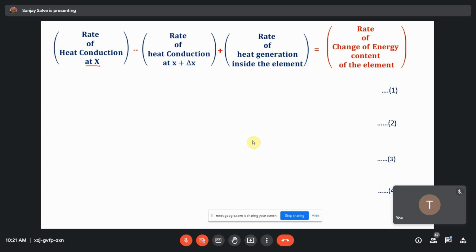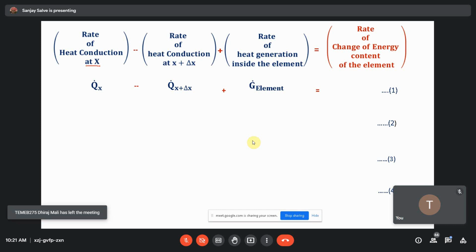So this is the theoretical part. Now mathematically, how do you write it? Q dot x is the rate of heat conduction at x, minus Q dot x plus delta x, the rate of heat conduction out of the element, plus the rate of heat generation, somewhere E dot, somewhere G dot. So G dot element is equal to the rate of change of internal energy of the content.